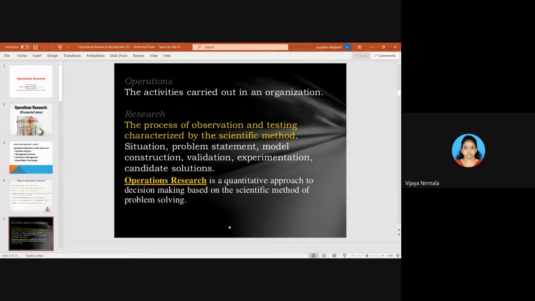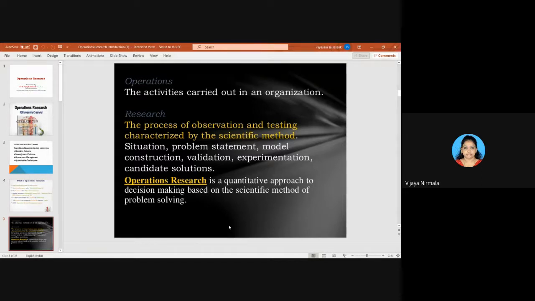It is the process of observation and testing, characterized by a scientific method. So in research, you find observations and you test, right? And the analysis you do will be based on a scientific method which is proven.